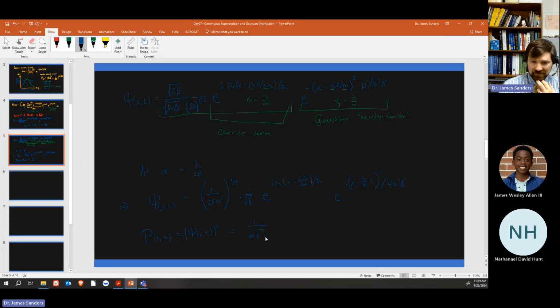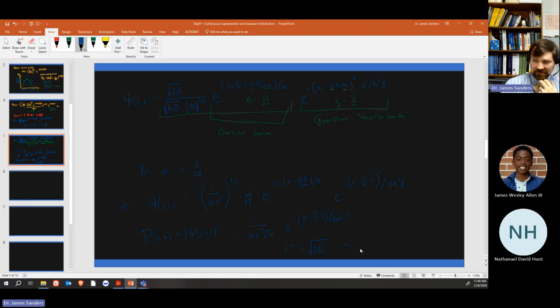I'm going to use a capital gamma here, root 2 pi, e to the negative x minus p naught over m t quantity squared, divided by, rather than 4, we now have 2 alpha squared gamma squared. And so in looking at this, you can see that gamma must be defined as essentially the root of little gamma.